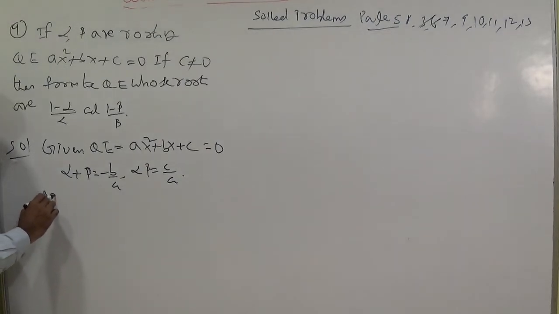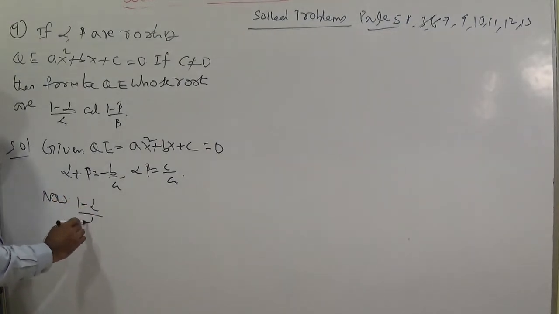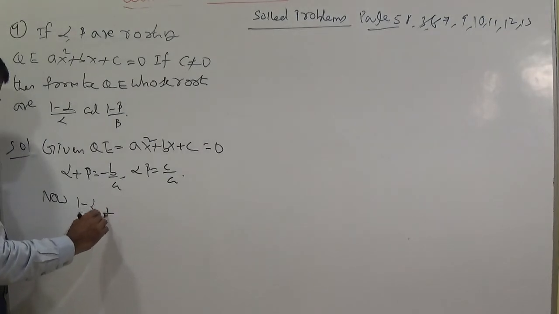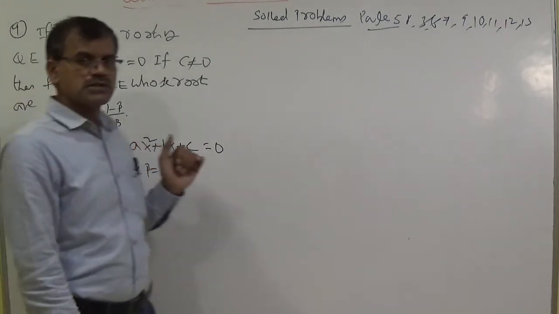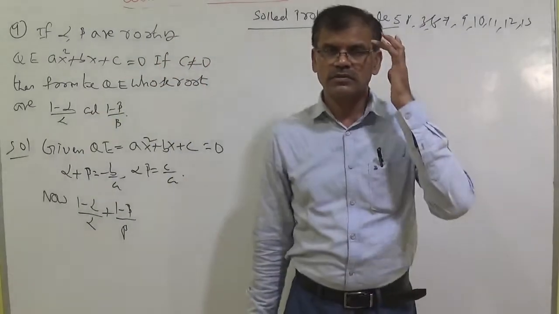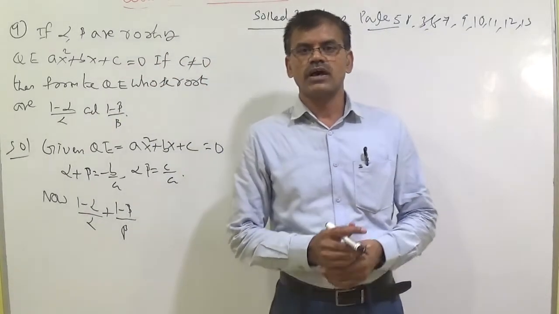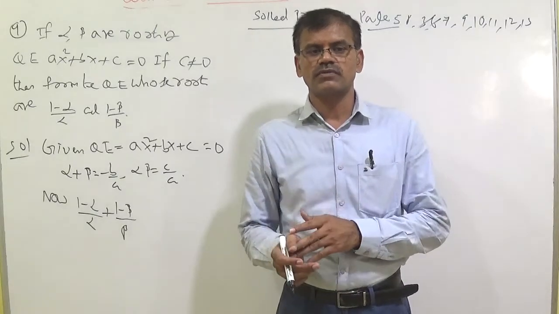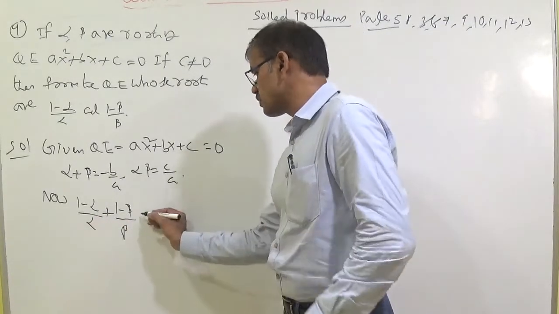Now we should calculate (1 minus alpha) by alpha plus (1 minus beta) by beta, because to form the quadratic equation we should know the formula x square minus x into the sum of roots plus the product of roots equal to 0. So we require the sum of roots.